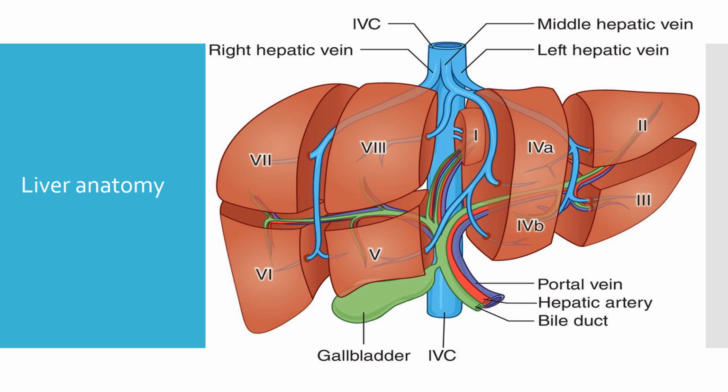It receives 25% of its blood supply from the hepatic artery, which is down underneath across from segment 5. It gets 75% from the portal vein, which is right beside that. It gets the deoxygenated blood from the GI tract and the spleen, and then it gets its nerve supply from the parenchyma, which is the hepatic plexus.